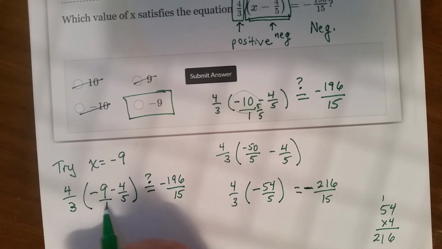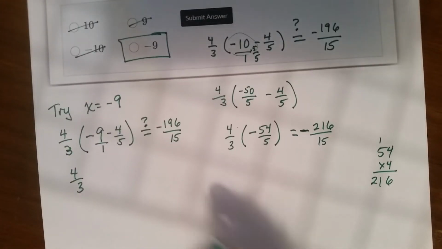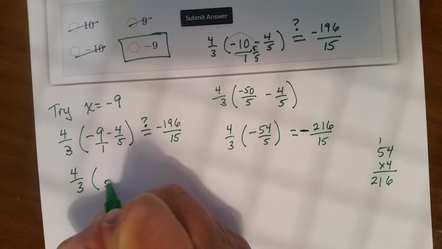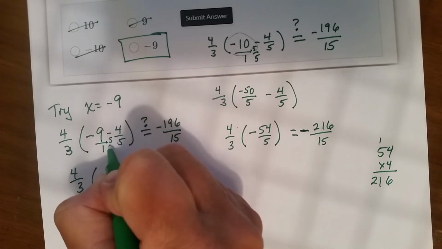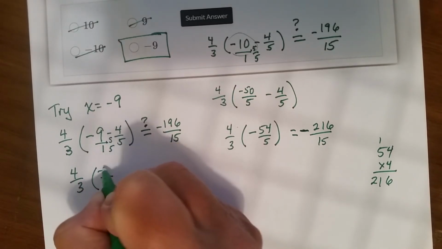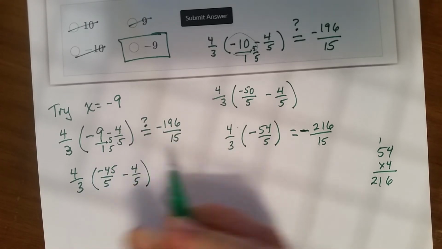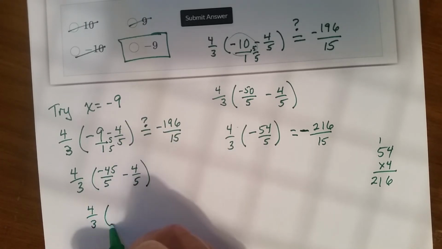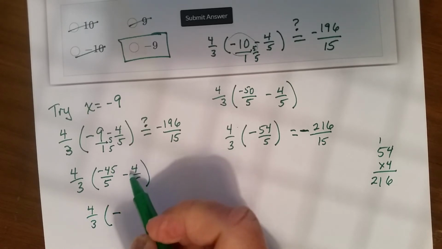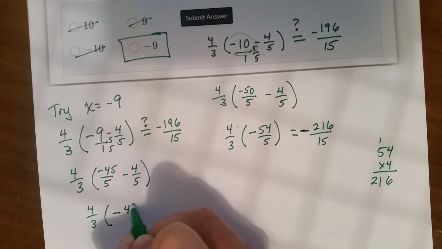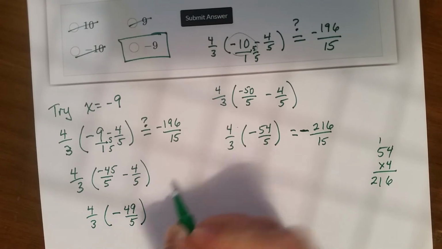Okay, I've got to get a common denominator of 5. So 4/3, and then if I multiply top and bottom by 5, 9 times 5 is 45, minus 4/5. So I have 4/3 times negative 49/5.